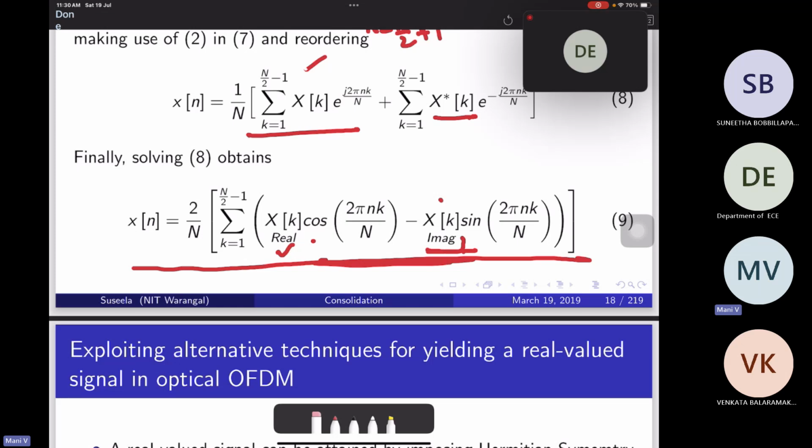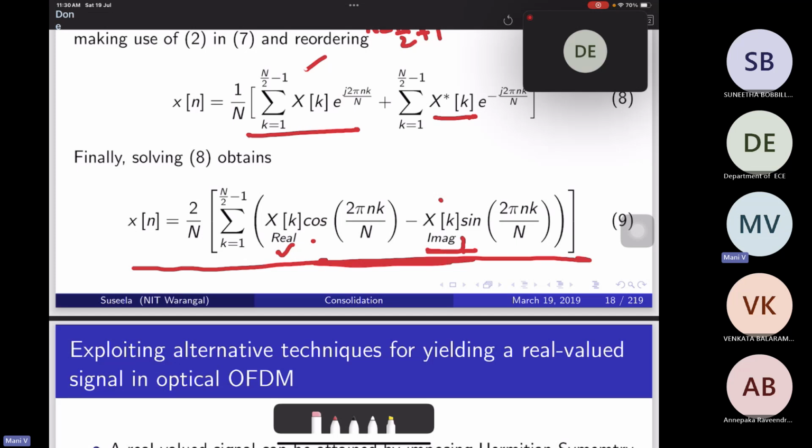So we invented, my student Kishore invented another technique where he formulated a complex signal into a real signal. And also we have tested it in real time. His work was published in a Q1 journal. You know the Q1, Q2, Q3, Q4 journals, the standard, right? The quality. The Q1 journals are like Lightwave Technology, IEEE, most frequently published papers.